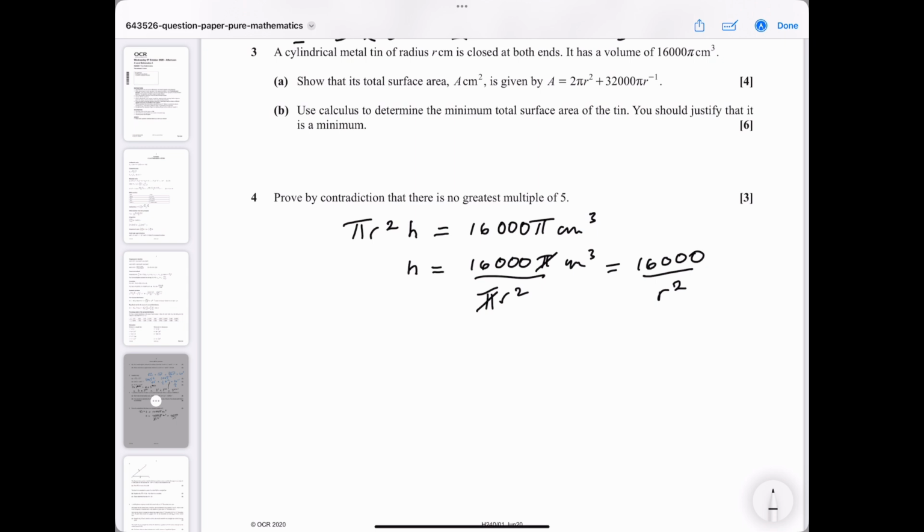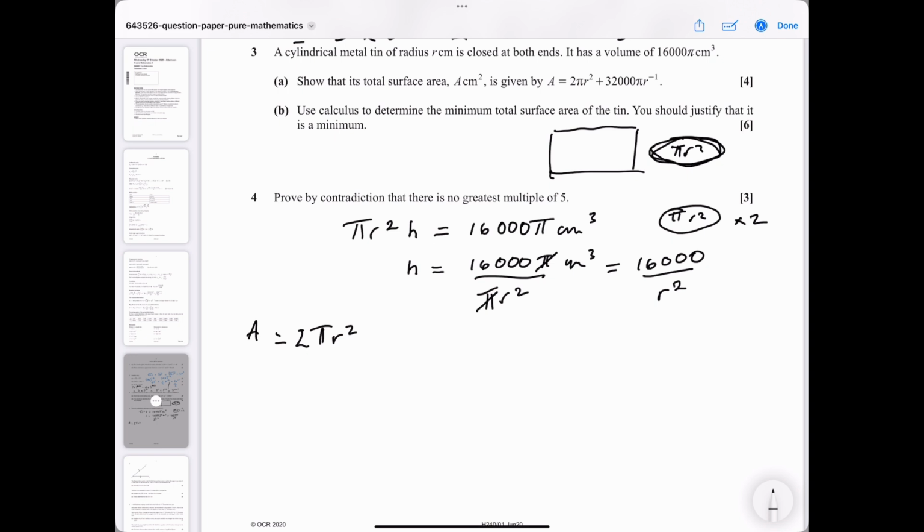Right, now if we want to work out the area, the area is going to be this at the top and this at the bottom, which is pi r squared times 2. So area equals 2 pi r squared. And then the cylindrical bit is going to be the height times the circumference.